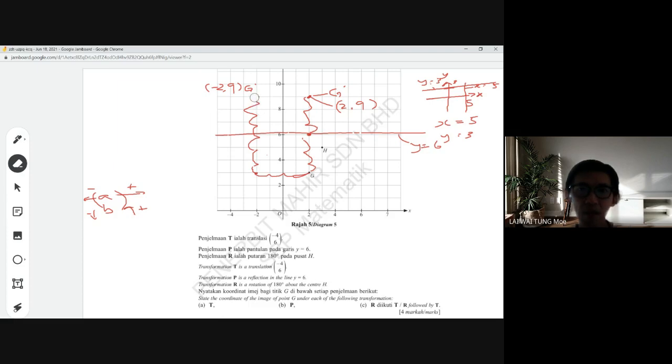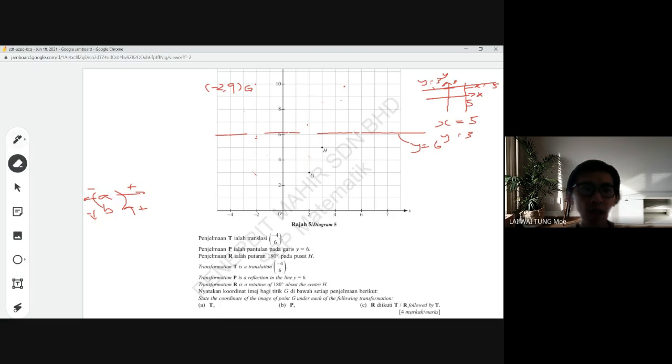Can I erase this first? I hope all of you know how to find the image for a rotation.